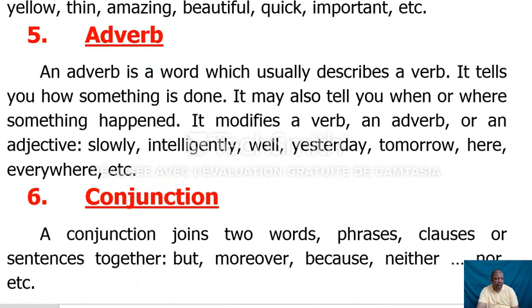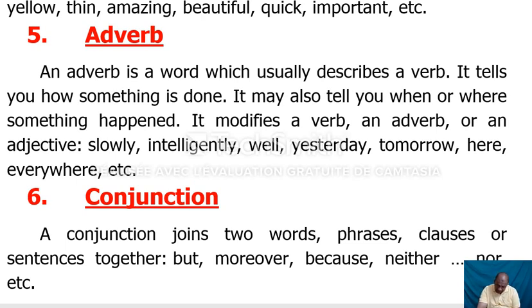What's an adverb? An adverb is a word which usually describes a verb. So something to bear in mind is that an adverb modifies, has a link to a verb. It tells you how something is done. It may also tell you when or where something happened.